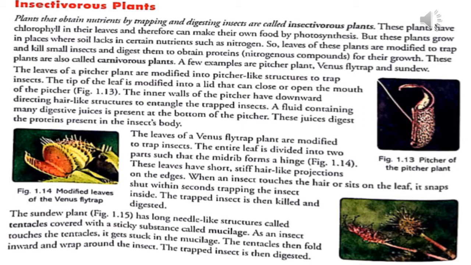The tip of the leaf is modified into a lid that can close or open the mouth of the pitcher. The inner walls of the pitcher have downward directing hair-like structures to entangle the trapped insect. A fluid containing many digestive juices is present at the bottom of the pitcher. This juice digests the protein present in the insect's body.